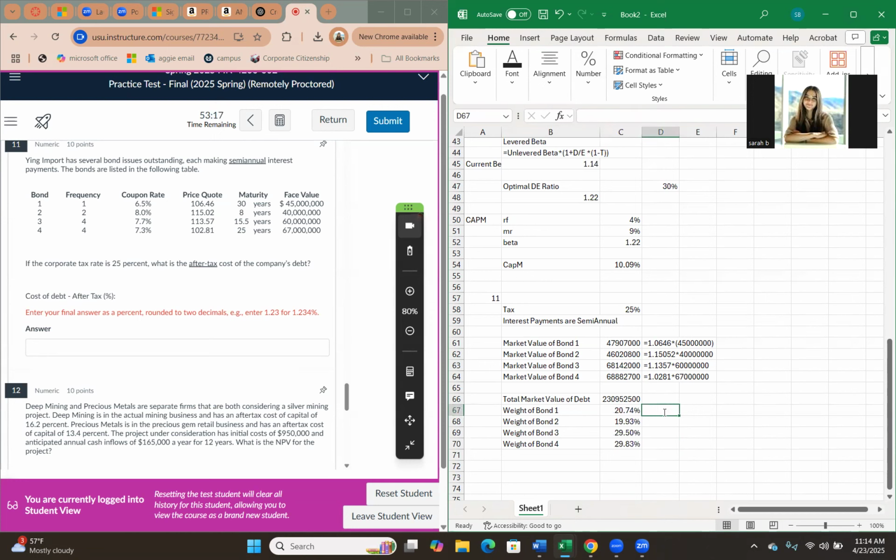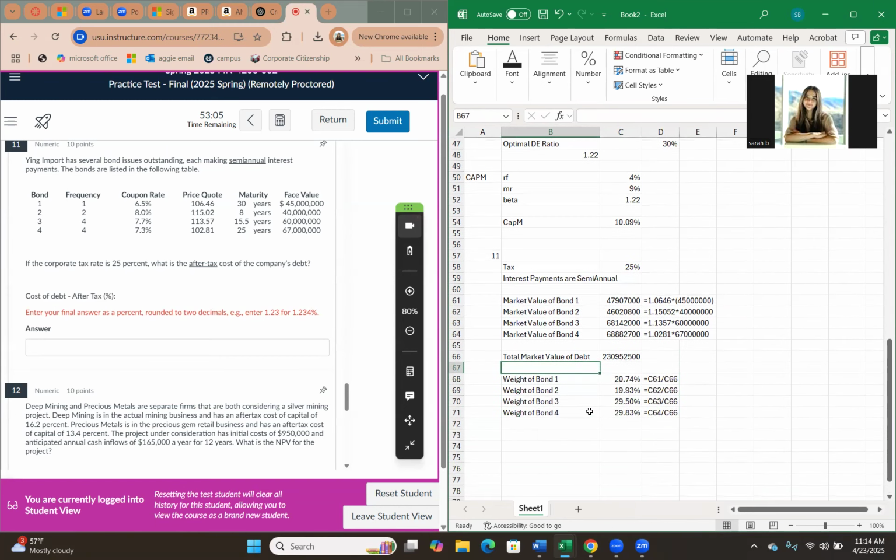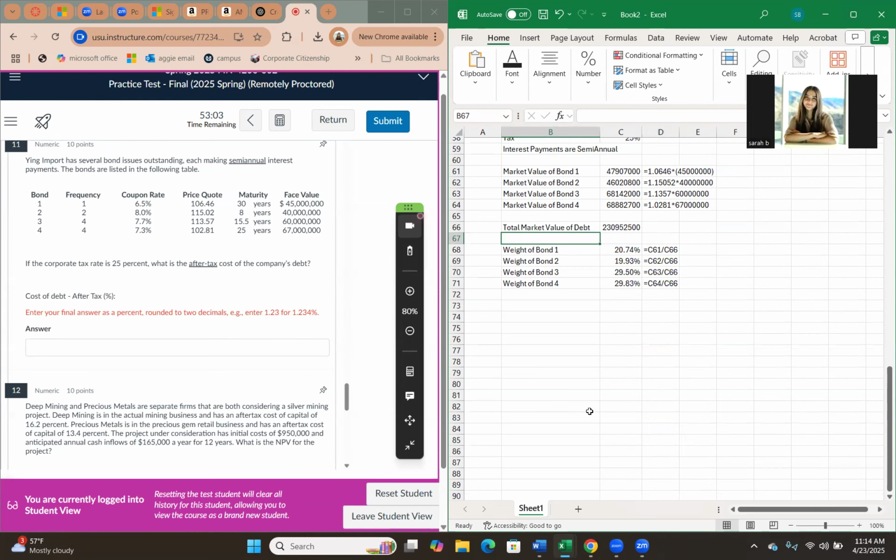Let me formula text all of these so that we know what we're doing here. I'm gonna add one line in between here. Okay, sweet. So we've got the weights of each of these bonds. So then we need the weighted average yield to maturity of the company's debt. So we're going to do the weight times the, well, let's see, what are we doing?